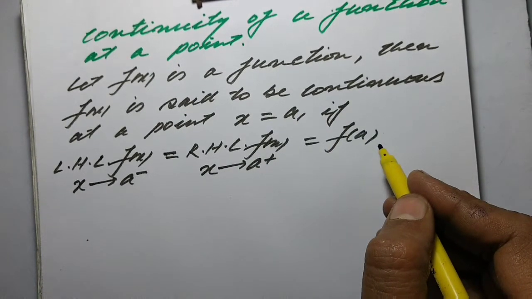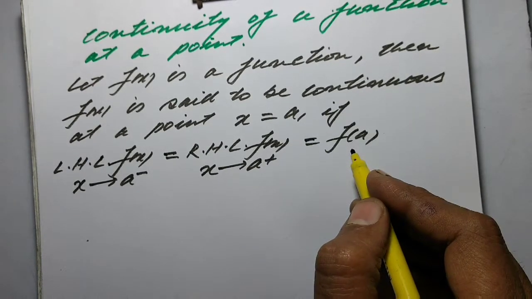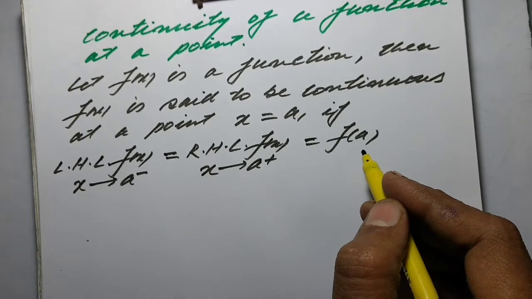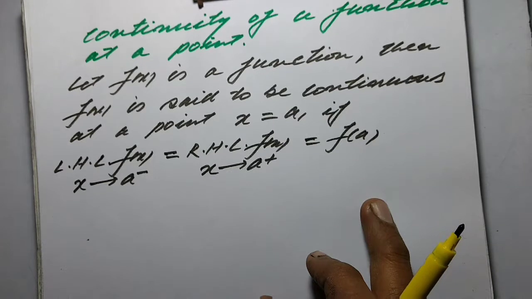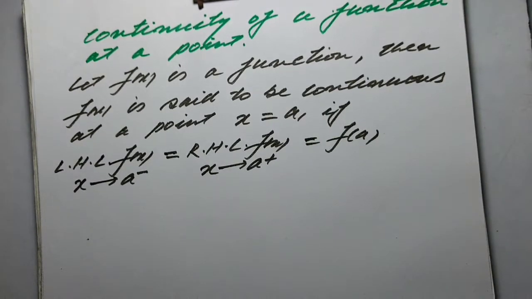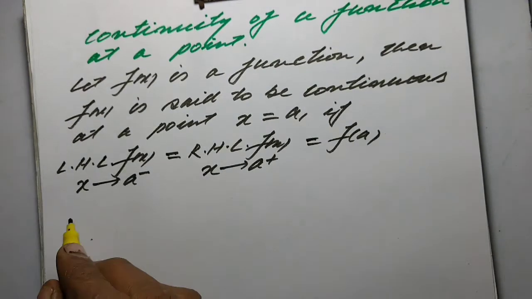Here f(a) is the functional value, that is the value of f(x) when x is exactly equal to a. So if this criteria is satisfied, we say that f(x) is continuous at x equals a. Now for better understanding, let us take an easy example.